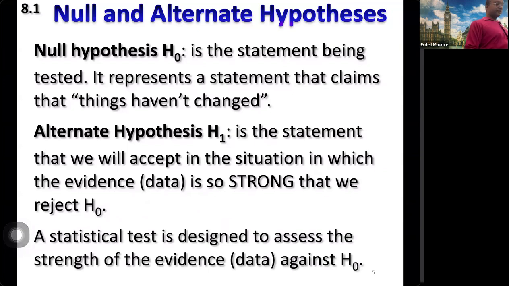Now, here's the thing. The null hypothesis is going to be assumed to be the current truth, right? Remember, in our case of our engines, we have 50,000, 100,000 of these engines running on the road. We know that these engines put out 35 particulate matter per mile driven. We know this, right? We know for a fact we worked hard at building engines, and we tried to build the best engine that we could.